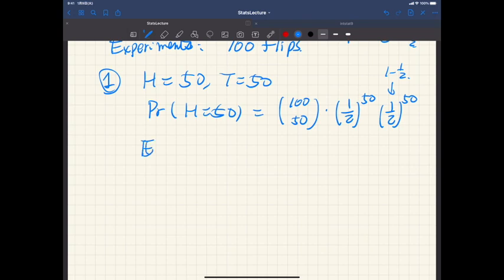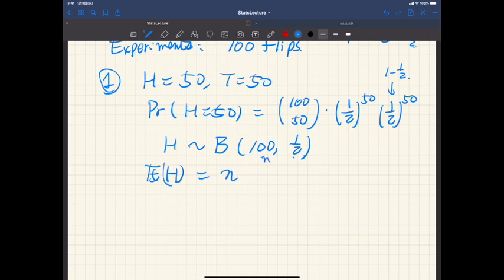Then the expectation value of this number of heads is this. Wait a minute. First of all, this h follows the binomial distribution with these parameters: 100 flips with an unbiased coin. Its expectation value is, if you remember, n times p, so 100 times 1/2, that's 50.